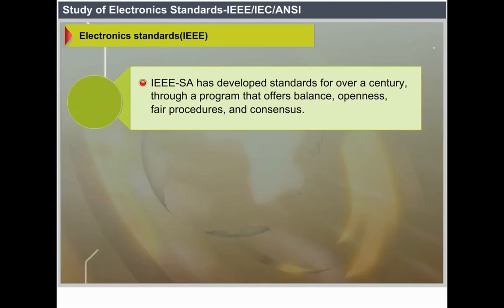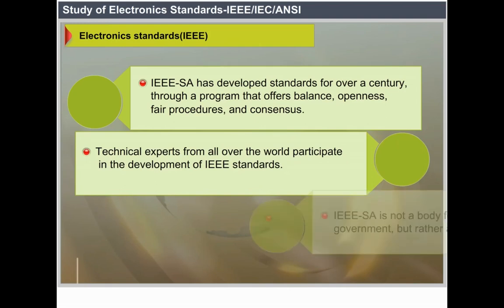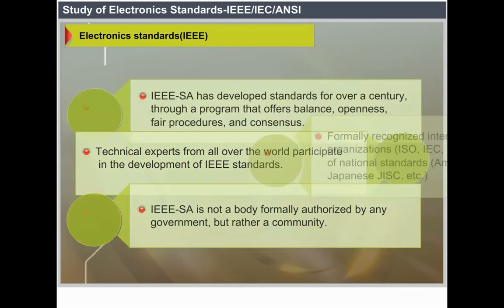IEEE SA has developed standards for over a century through a program that often balances openness, fair procedures, and consensus. Technical experts from all over the world participate in the development of IEEE standards. IEEE SA is not a body formally authorized by any government but rather a community.